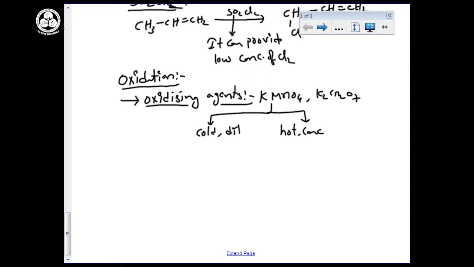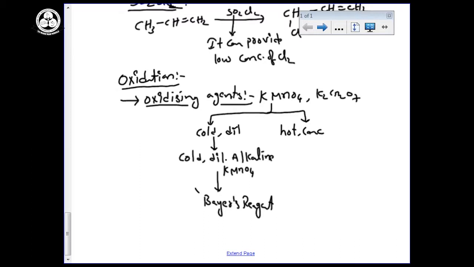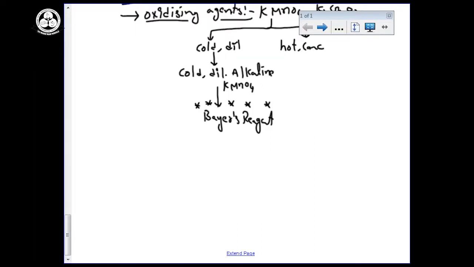Cold dilute alkaline KMnO4. Another name for this is Bayer's reagent. Most important for organic chemistry: cold dilute alkaline KMnO4 is called Bayer's reagent.